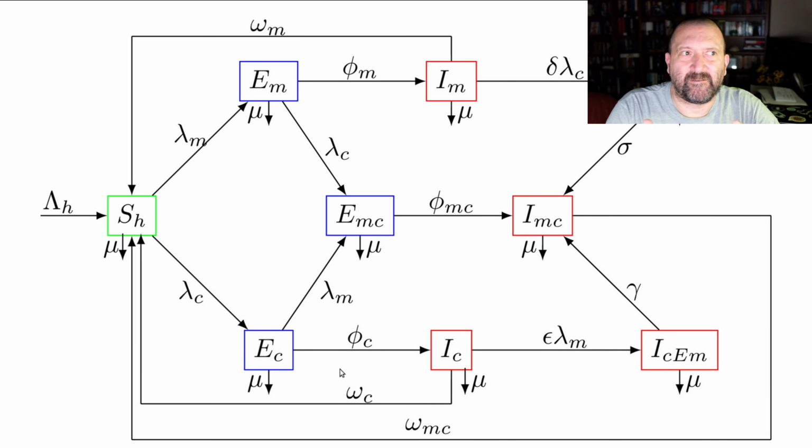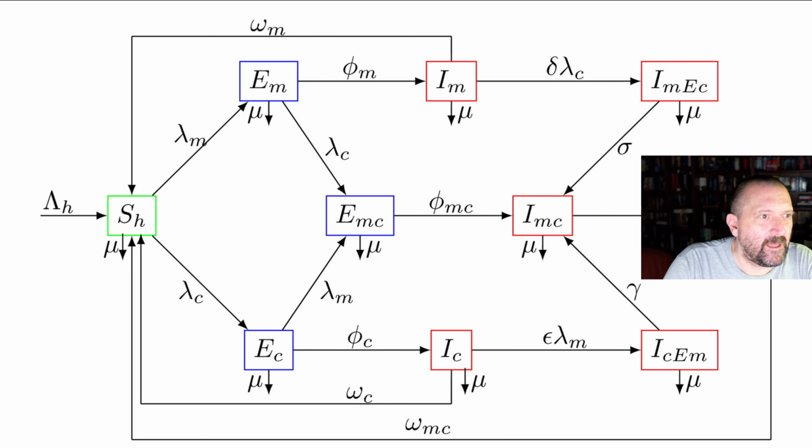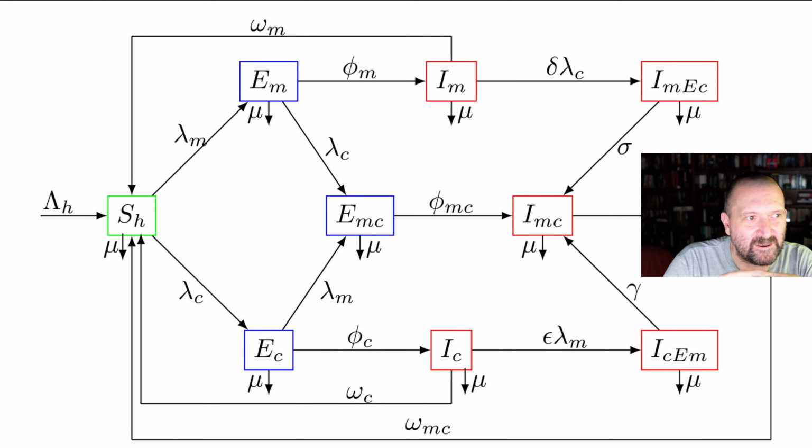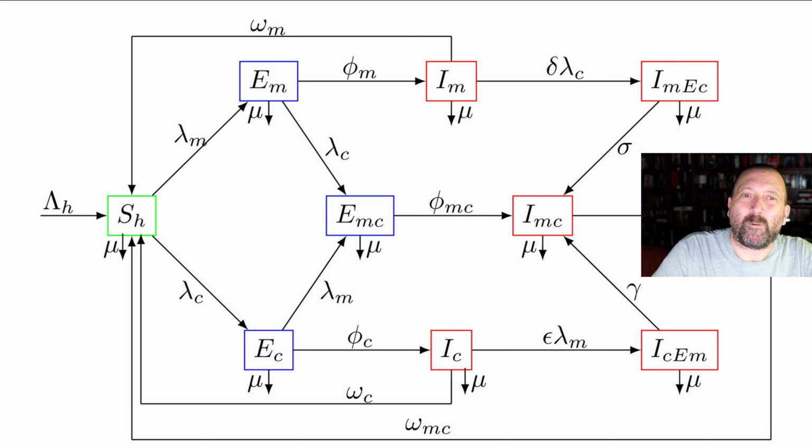As in many models that involve co-infection, and this I didn't treat, and I think it's worth looking at this type of model even without the optimal control aspect, what you can have is infection solely by malaria, solely by COVID, or mixed infection.